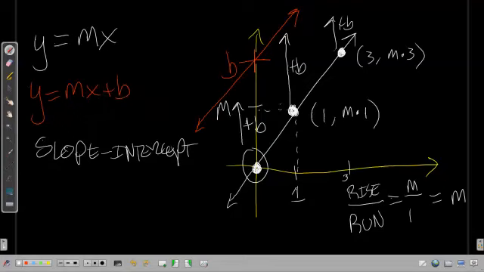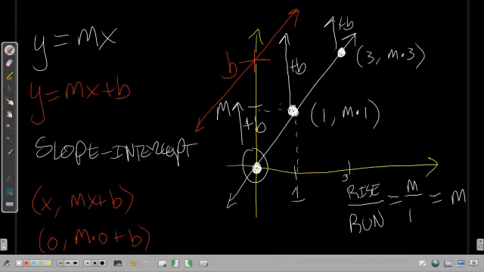It must cross the y-axis at b, because all of the points on such a line would look like x, comma, mx plus b. And if x were 0, then it's m times 0 plus b. And m times 0 is just 0. So it must go through the point 0, comma b.